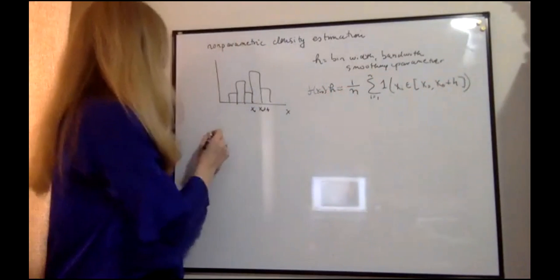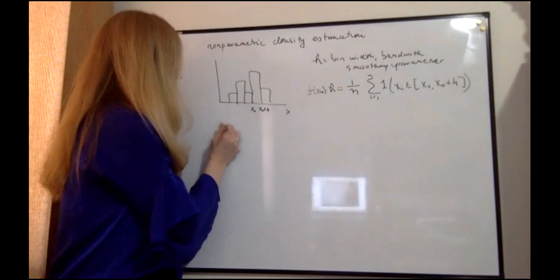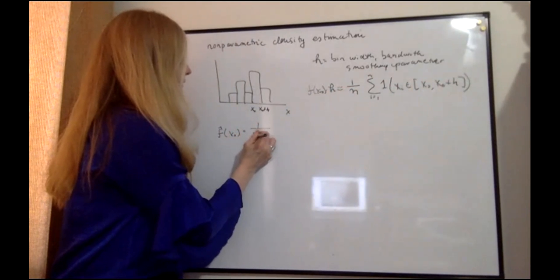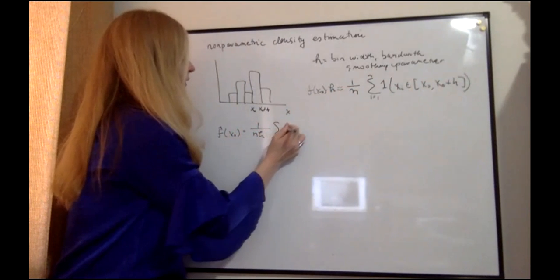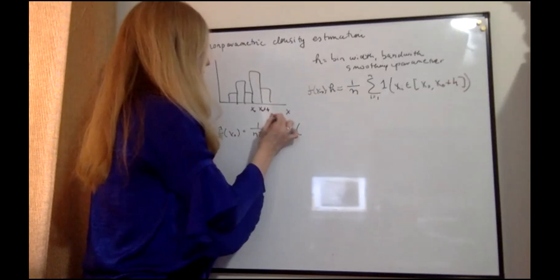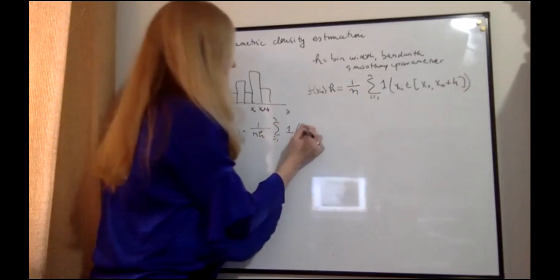Okay, and so that motivates, so that's approximately equal. And so we will study this histogram estimator, which is f hat of x naught, which is 1 over nh times this indicator function. Okay, so this is going over all the data.